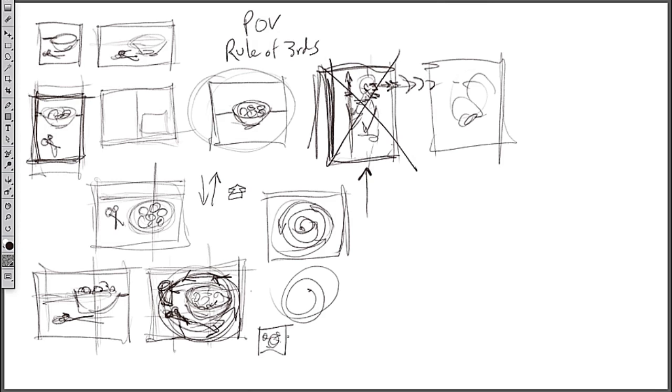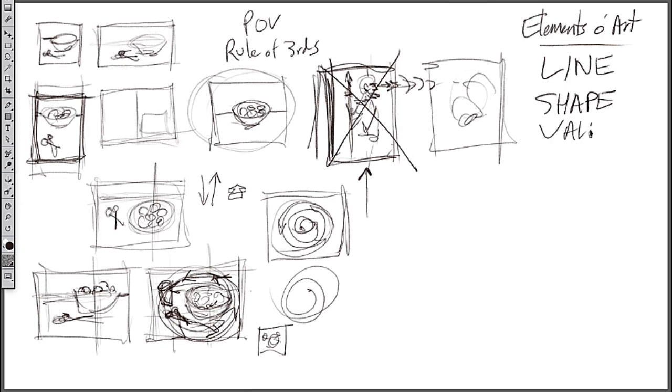Now we need to talk about compositional design more. In the upcoming sessions, we're going to talk about all of the elements of art. Those include a good understanding of line, shape, value, texture, color, composition, which we've started talking about, and meaning.